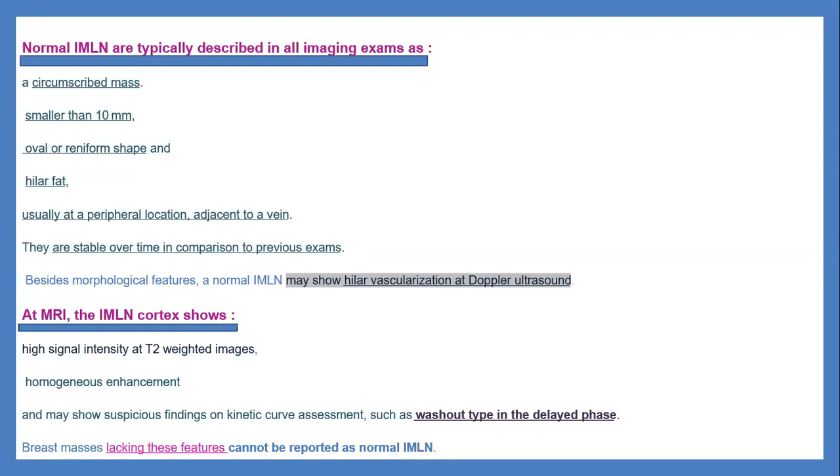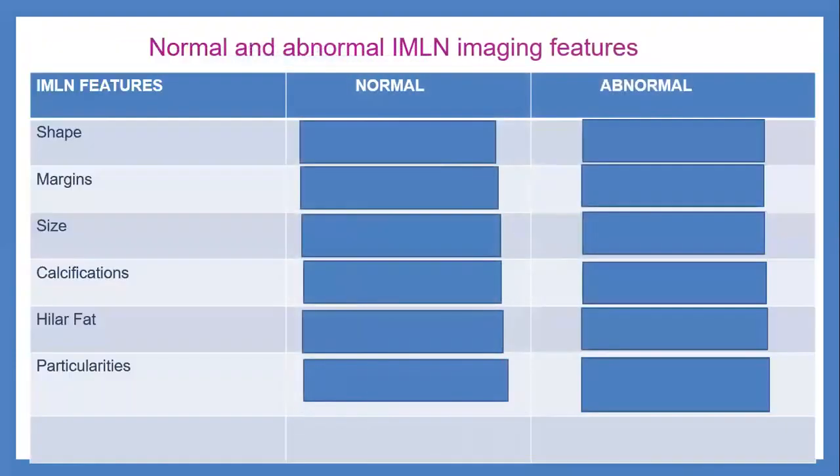Breast masses lacking these features cannot be reported as a normal intramammary lymph node. If all these criteria cannot be applied to the small intramammary nodule, we cannot say this is an intramammary lymph node. So we have typical features of normal and abnormal lymph nodes, or typical and non-typical lymph nodes.